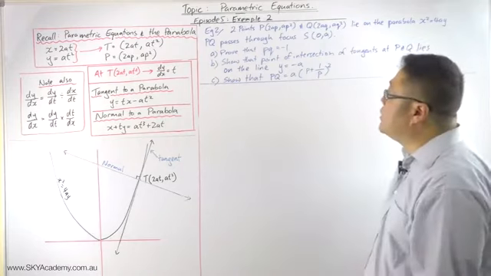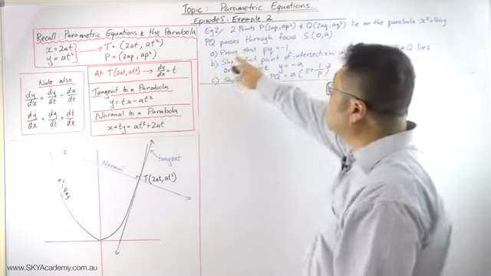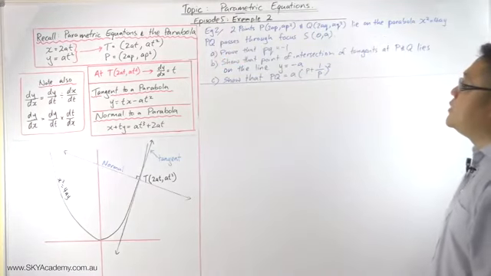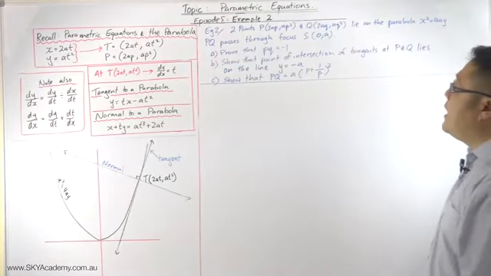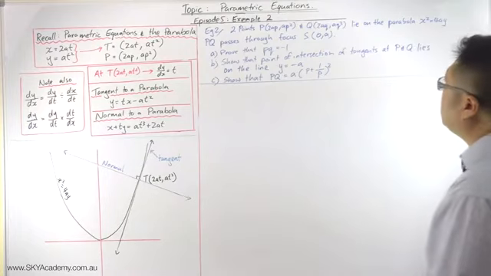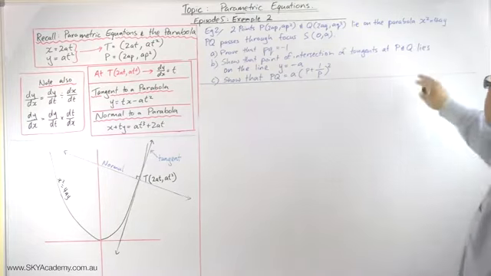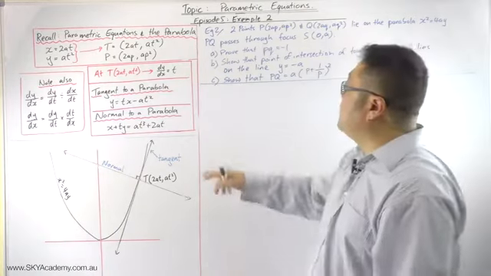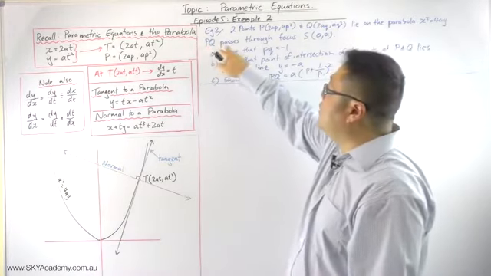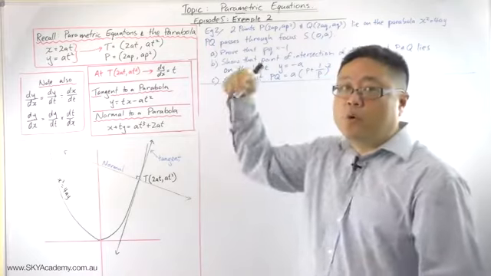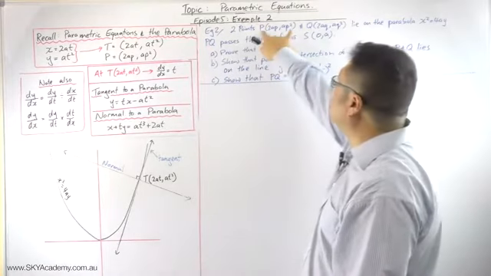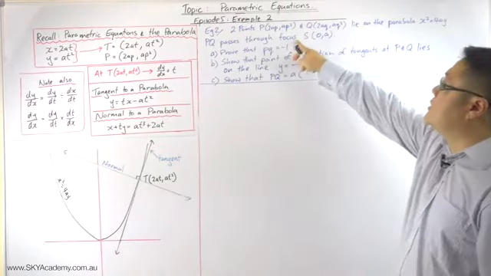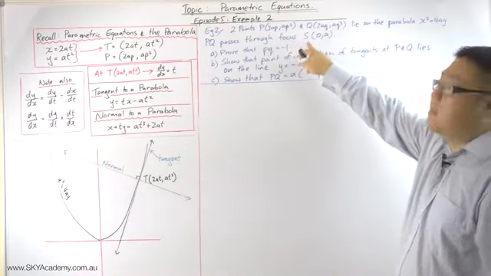Example 2: two points, the first point being P, (2ap, ap²), and point Q, (2aq, aq²), lie on the parabola x² = 4ay. And we're told that PQ, the chord between the two points P and Q, passes through the focus S.